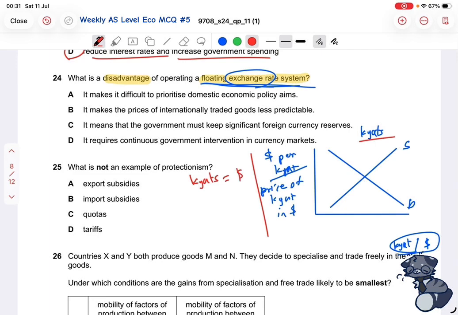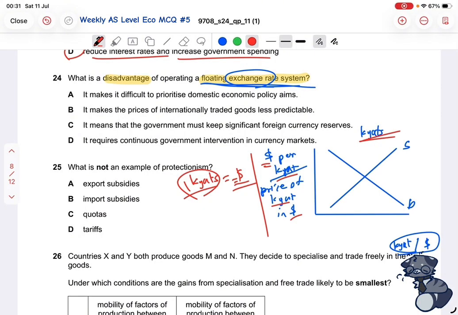So if we had one kyat, how much is one kyat in US dollars? You want to know its value in terms of US dollars. So you can either word that as the number of dollars per kyat or the price of kyat in dollars, because we want to know what the value of the kyat is, because this is the foreign exchange rate for kyats.